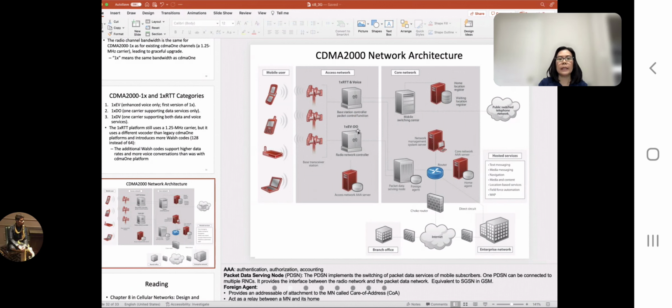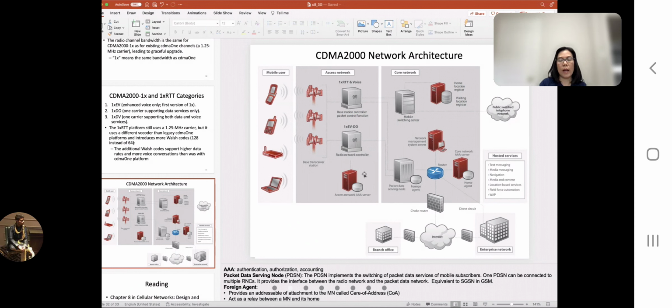They can be a radio network controller that uses the 1xEV-DO service, or the 1xRTT service. RTT would have the same data rates as CDMA1. So they have different types of services here.